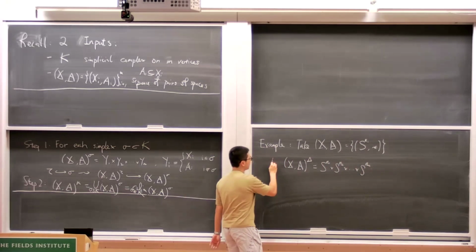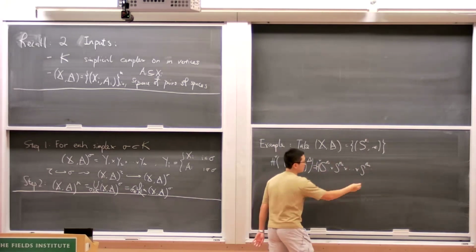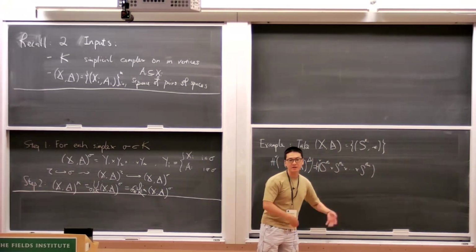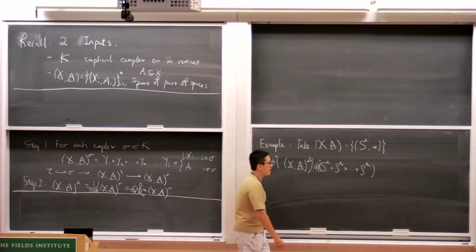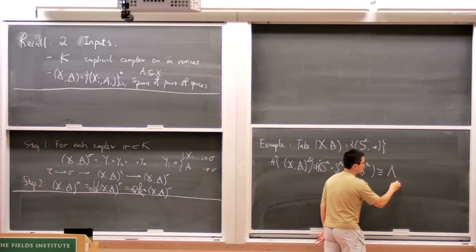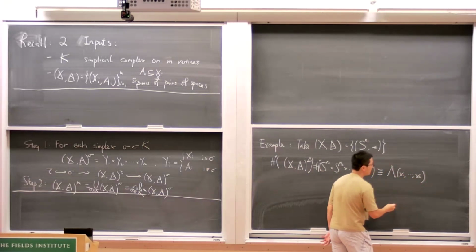And now if we take the homology of this, by the Künneth theorem we know that it will be just the tensor product of the homologies of the spheres, and it turns out to be an exterior algebra on m generators.